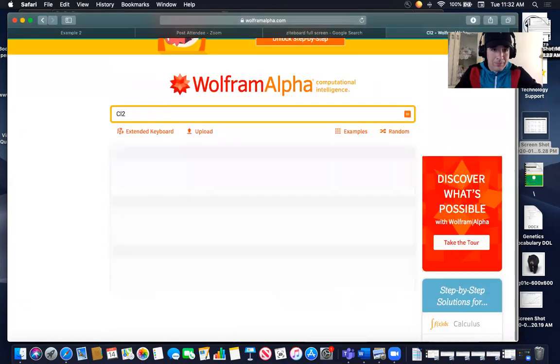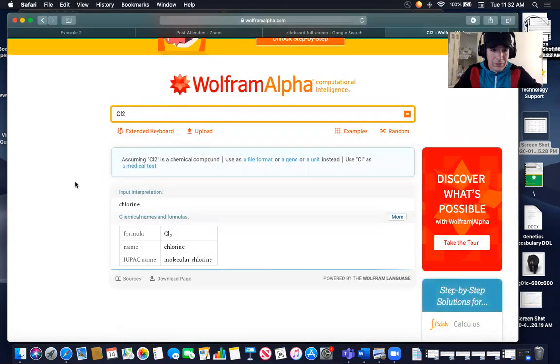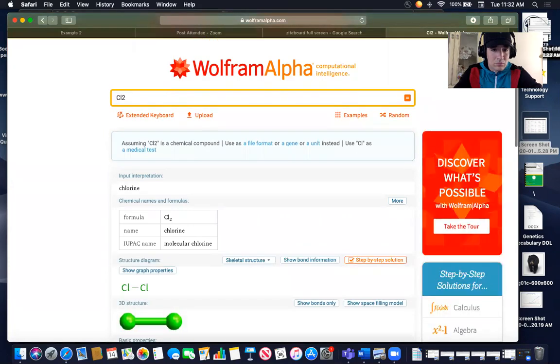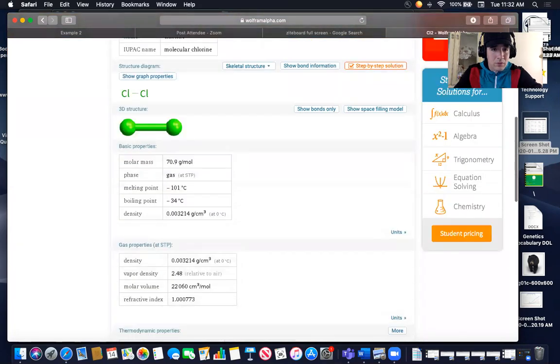Oh, that's not showing up. Here we go. It gives us our molar mass, 70.9 grams. So it's a really cool website that will save you a lot of time.